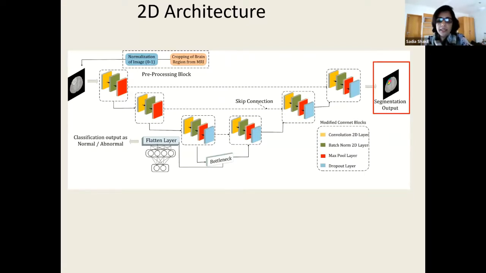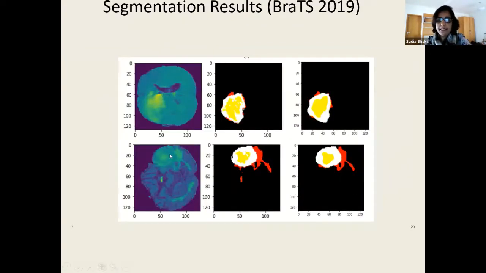Okay, so this was the end, and this is actually just one representative slide of the result. On the very left side, we have the original image. The center is the ground truth. Ground truth is the extracted segmentation of the brain tumor based upon whatever the expert radiologist provided.